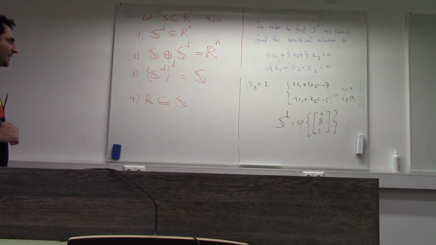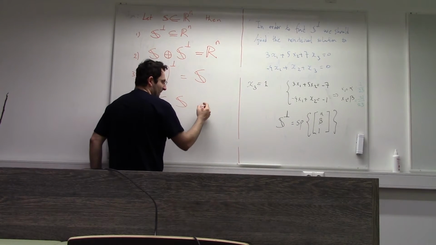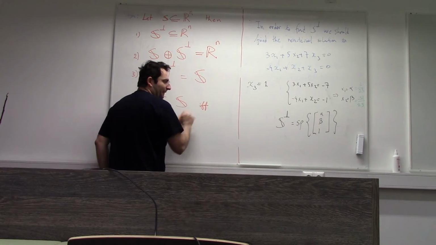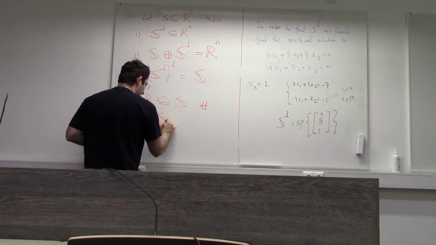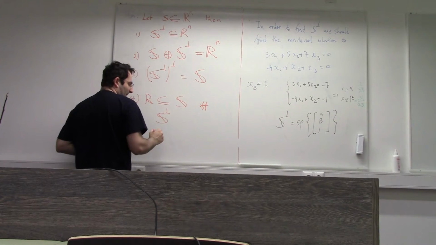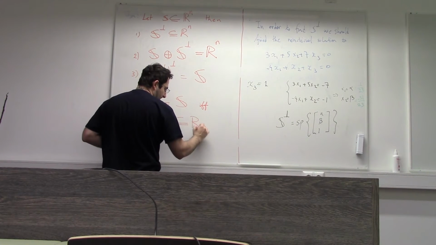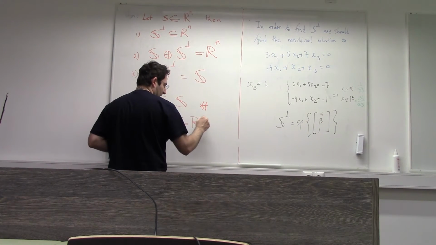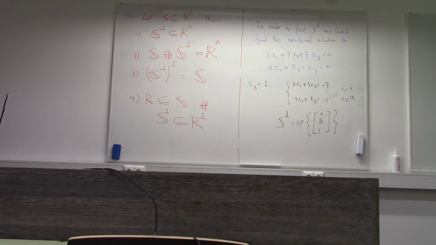The subspace of S, vector space S, if and only if the orthogonal complement of S is a subset of the vector space of orthogonal complement of R.